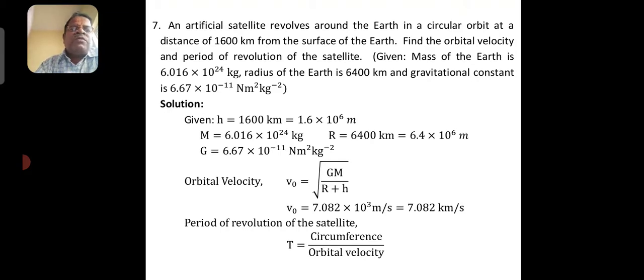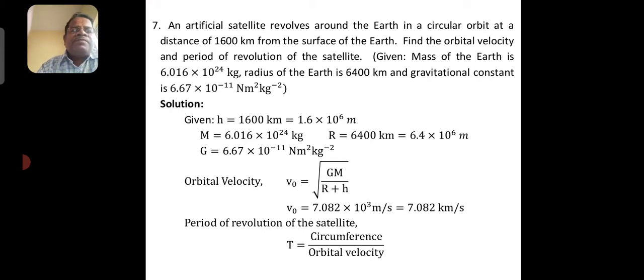Go through the solution. Height of the satellite above the surface of the Earth 1600 km, that is 1.6 into 10 to the power 6 meter. Mass of the Earth 6.016 into 10 to the power 24 kg, radius of the Earth 6.4 into 10 to the power 6 meter, and universal gravitational constant G equals 6.67 into 10 to the power minus 11 Newton meter square per kilogram square.